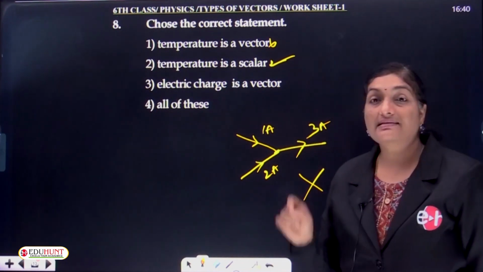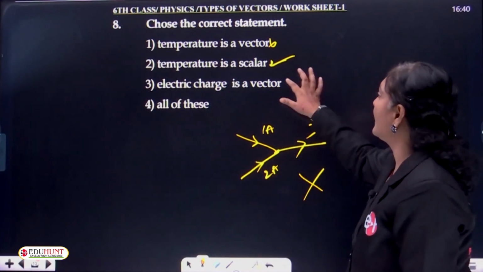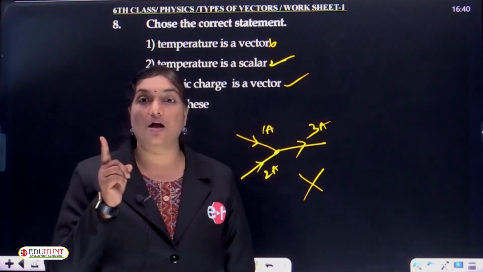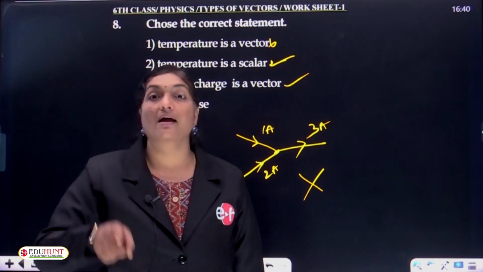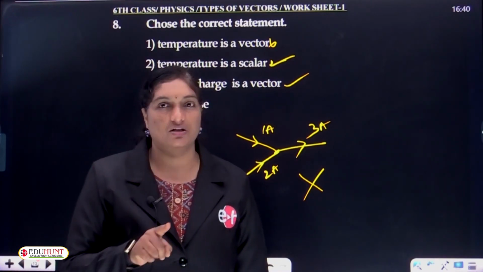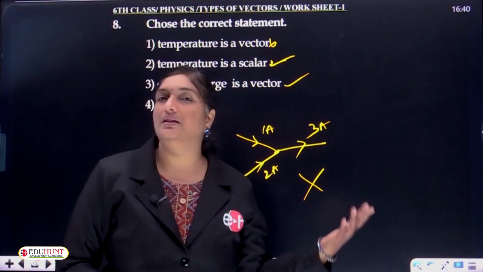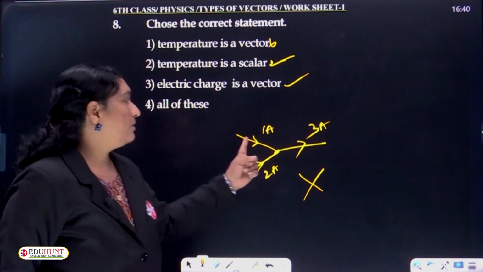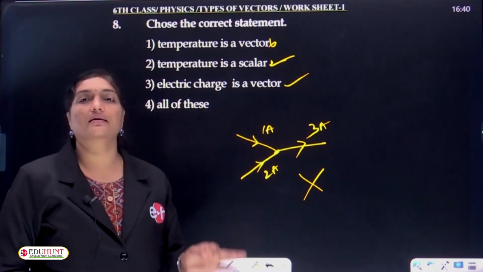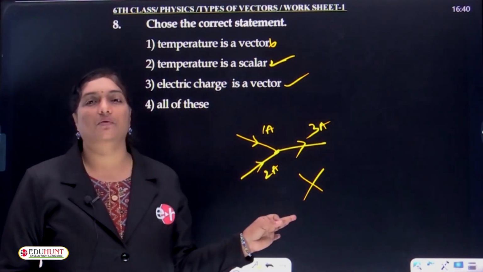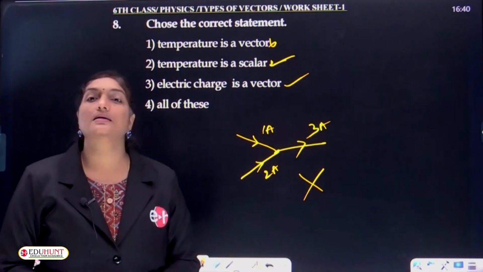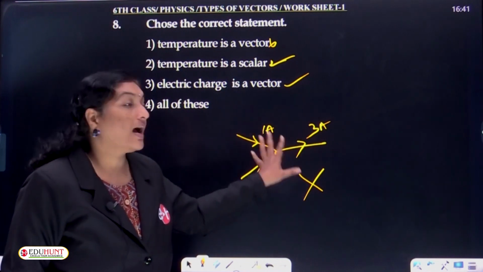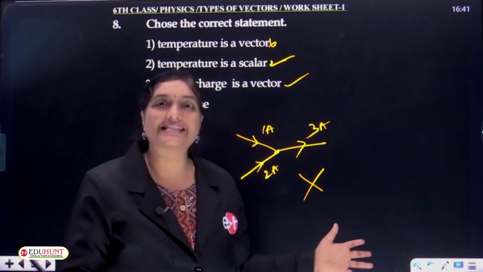No. Electric current is always a scalar quantity, because in the beginning I already told you that vectors must always obey the vector law of addition. That vector law of addition you will be learning in the higher classes, children. Once you are clear with that vector law of addition, you will understand that electric current is not a vector quantity. Hence it should be considered as a scalar quantity. So that means the vector law of addition fails here.